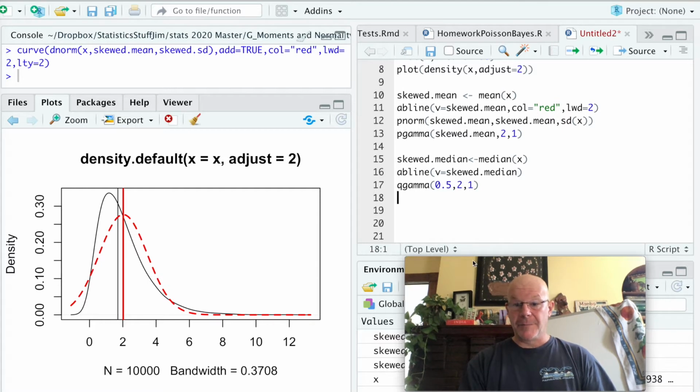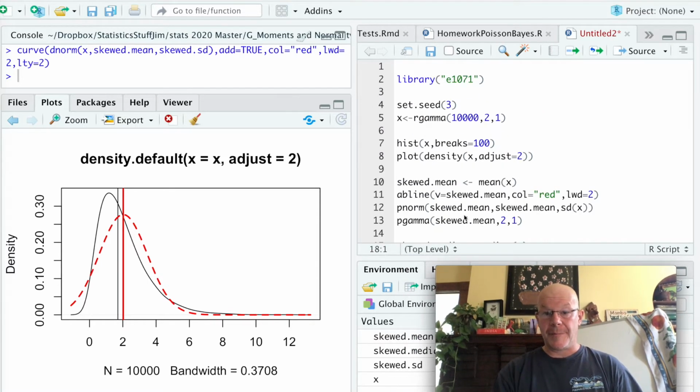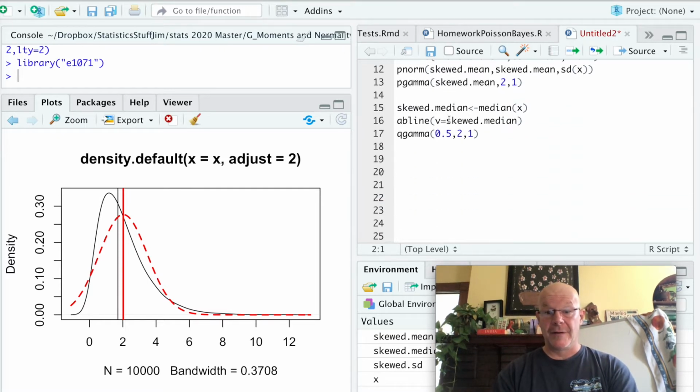And so now let's bring it back up to using a function from this library here, the e1071 library. Within that library there's a built-in function called skewness. And what you can do is just put your data into that function. So our data are x, right? That's our simulated data.